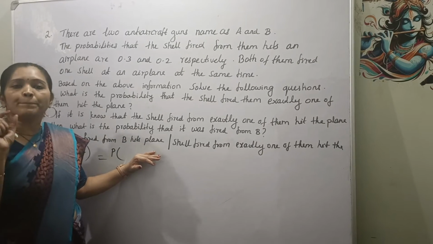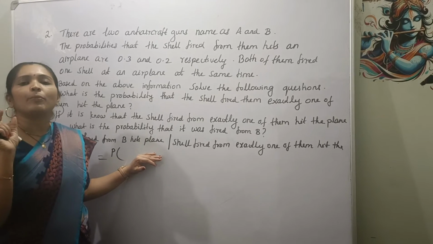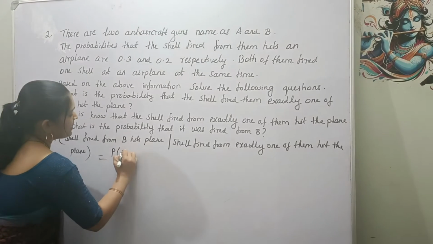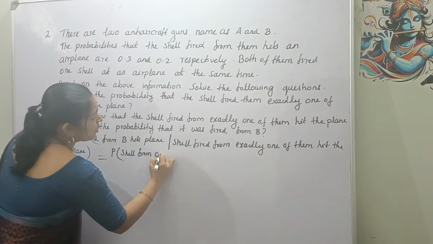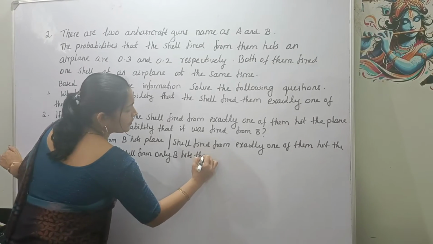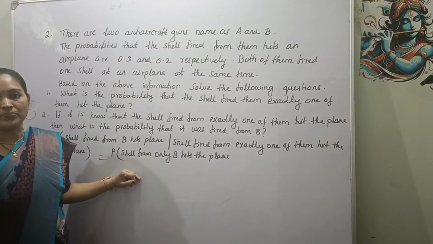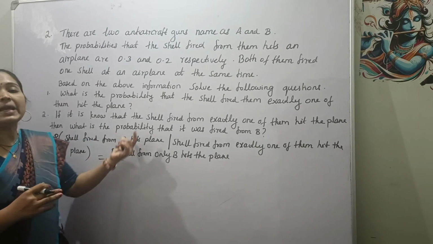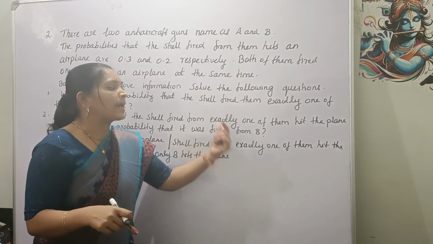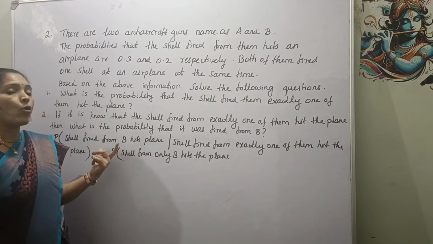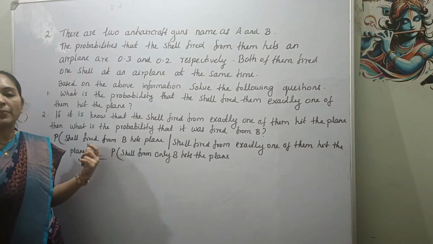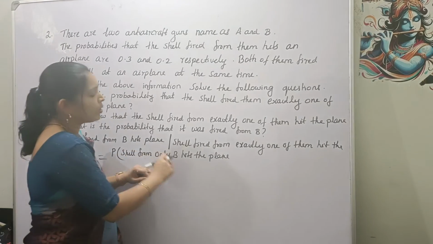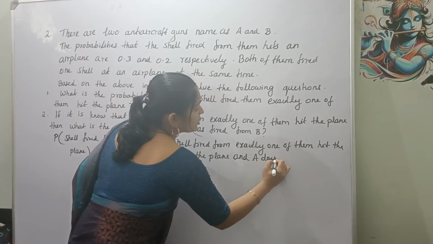That means shell from only B hits the plane and A does not hit the plane. So we can write the probability of shell from only B hits the plane and A does not, because it is given, our two events and their intersection. Therefore the only one possibility is shell fired from only B hits the plane and A does not hit the plane.